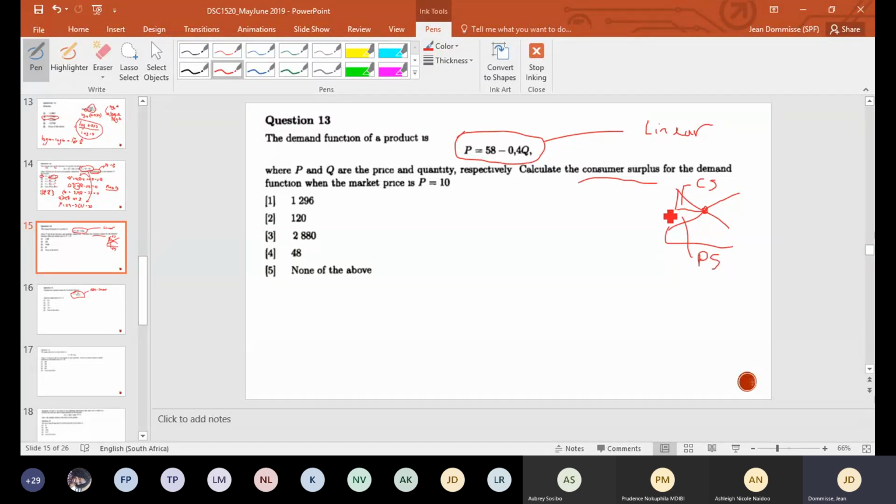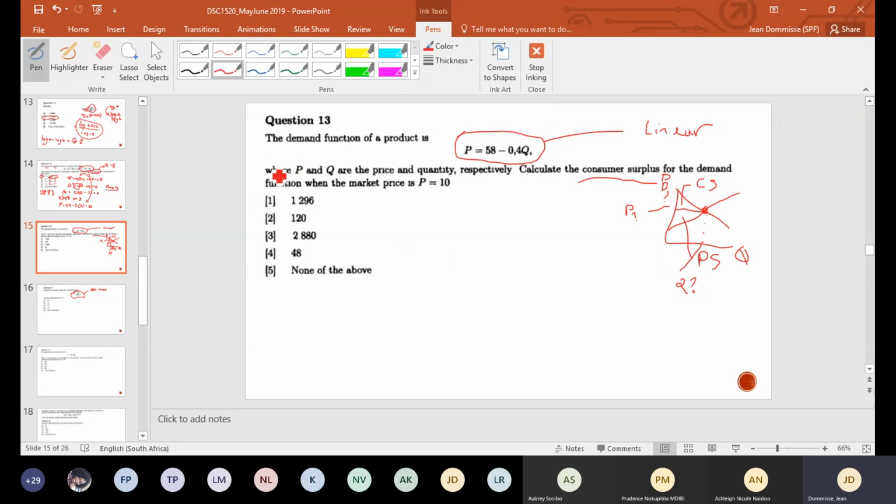So we need to get that point, a Q value and that P value. And that's maybe enough for the consumer surplus at this stage. Okay, so let's see what they give us.